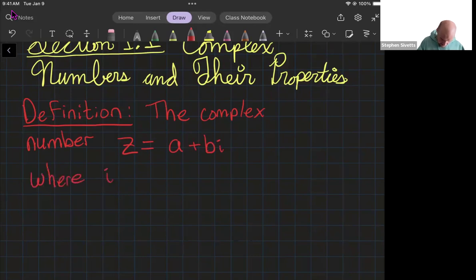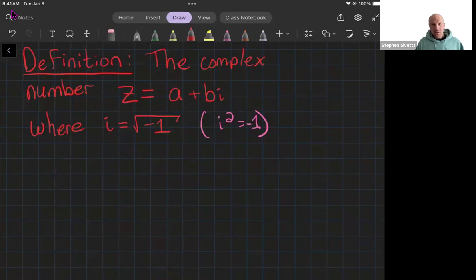Where I is equal to the square root of -1. So that means I squared is equal to -1, right? I squared is equal to -1. So make sure that you write that down.